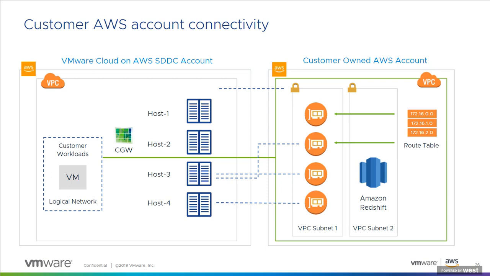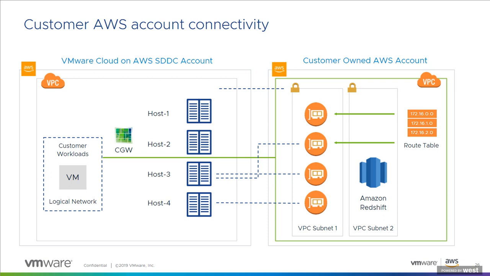As we've talked about, we assume a cross-account role inside the customer-owned account, and during what we call the onboarding process, where we're spinning up the SDDC and getting you onboarded into the service, you'll select a subnet that you wish to link the VMware Cloud VPC to your own VPC.